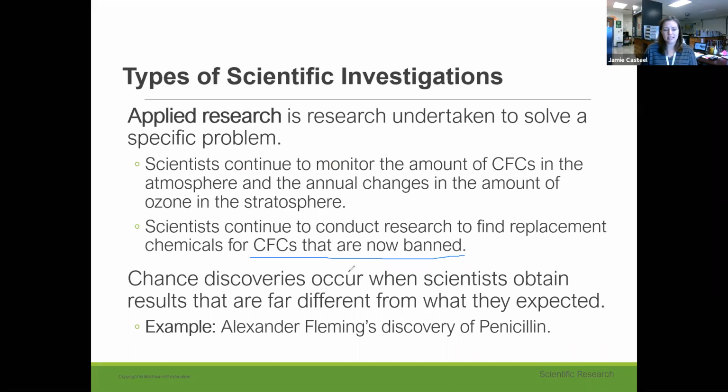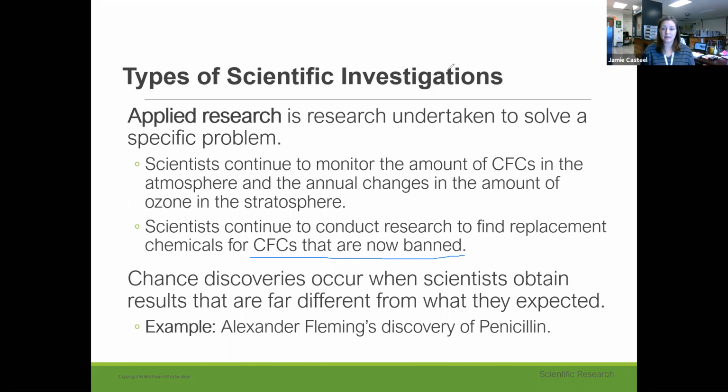Chance discoveries occur when scientists obtain results that are far different from what they expected. You're trying to find one thing, but you happen to find something completely different. So this would be like Alexander Fleming discovering penicillin. Penicillin was not meant to happen, but he just happened to put the right things in with bacteria and it ended up killing it.